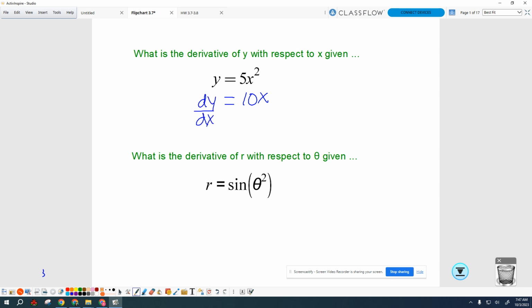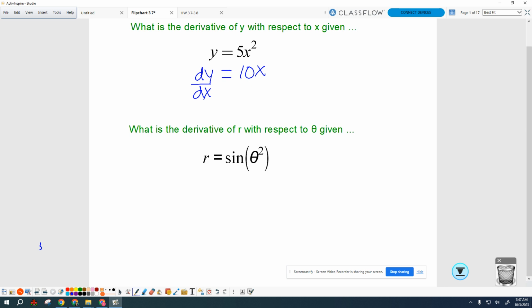What about the second one? The second one, I did the chain rule. So first I did the derivative of sine, which is cosine, and then I put the stuff in the parentheses, so theta squared, and then I did the derivative of theta squared, and I got 2 theta.